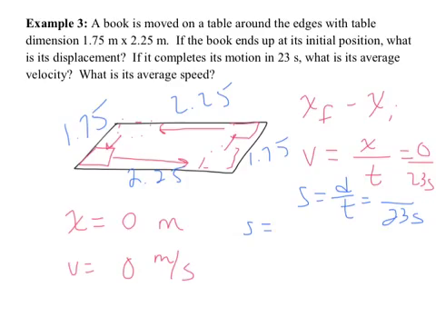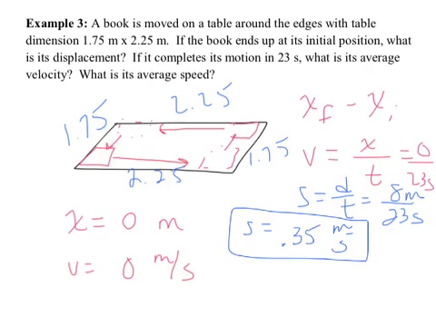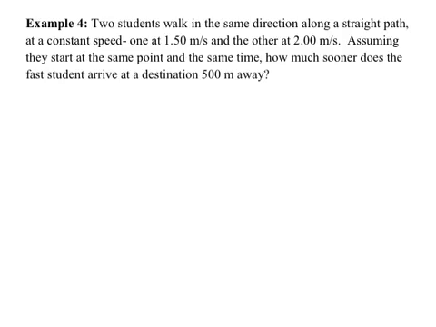Now, 8 meters over 23 seconds, and if we divide those two, we get a speed of around 0.35 meters per second. And that's the answer that we want to use for speed right there. 0.35 meters per second.